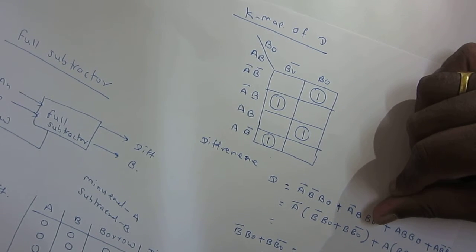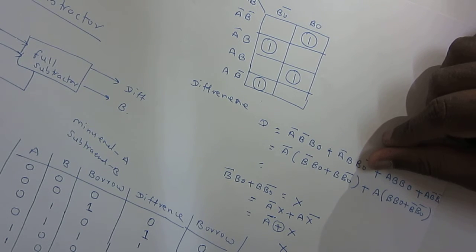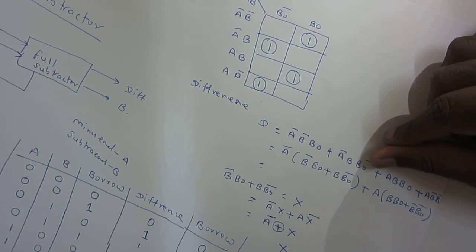So it indicates that this is A XOR with X. And this X is already the combination of B XOR with B0. So the difference element D will be equal to A XOR B XOR B0.